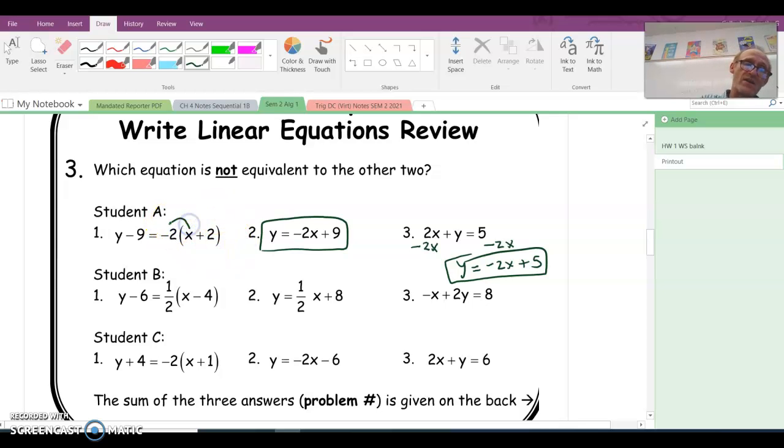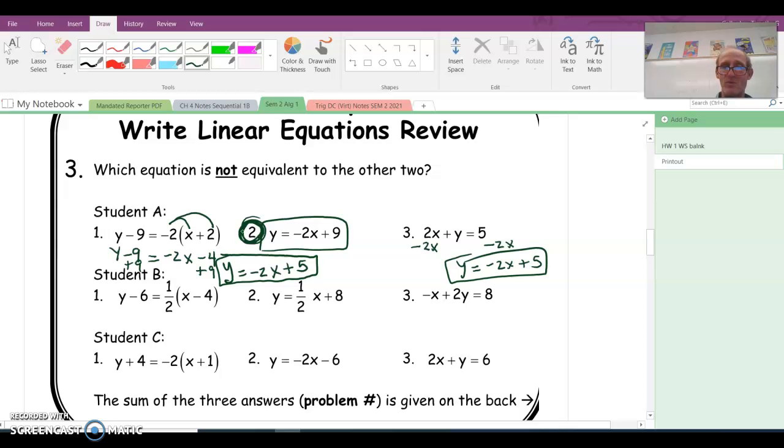To solve for y, we're going to distribute. We have y minus 9 equals negative 2x minus 4. If we add the 9 to the 4, we get y equals negative 2x plus 5. So this one is not like the other two.